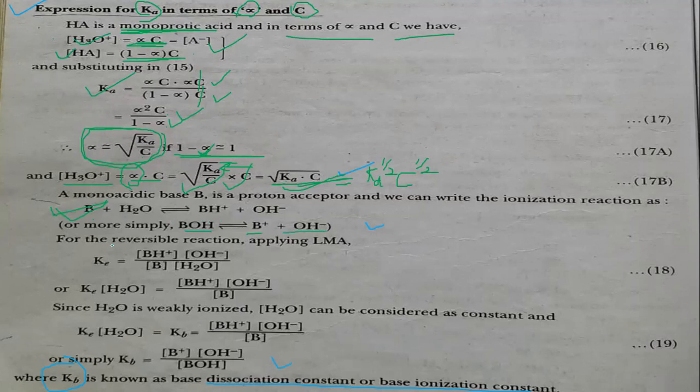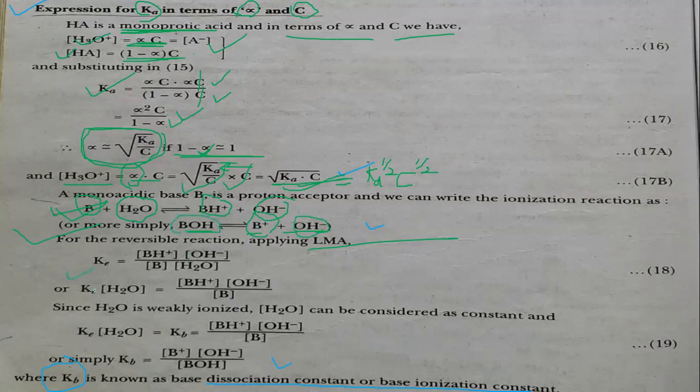For a reversible reaction, applying the law of mass action, it is the product of concentration of these two species upon the concentration of the reactant.